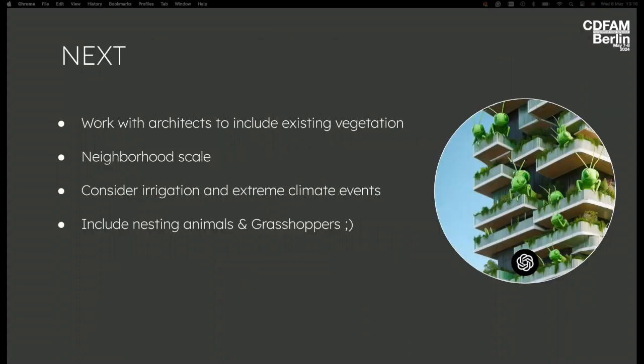So what's next? We are already working with landscape architects together, and they ask us that we need to include existing vegetation, so that we don't start the simulation from zero, but start at a point where you already have something growing somewhere. And we want to extend analysis and simulations to the scale of the neighborhood and consider artificial irrigation systems and extreme climate events.